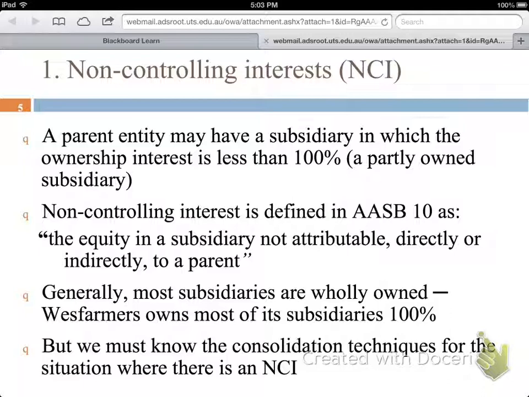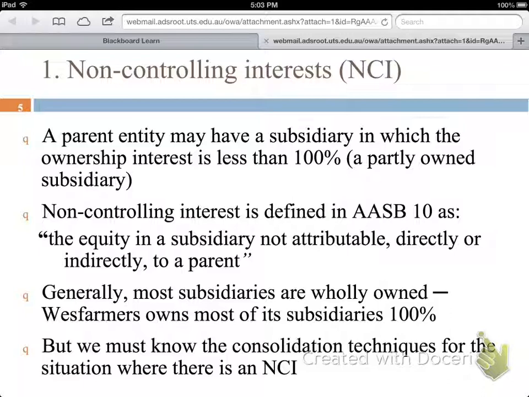Often, most subsidiaries are wholly owned. In the example of Wesfarmers, most of its subsidiaries are 100% owned. And that's the reason why Wesfarmers does not disclose non-controlling interests in its annual report.